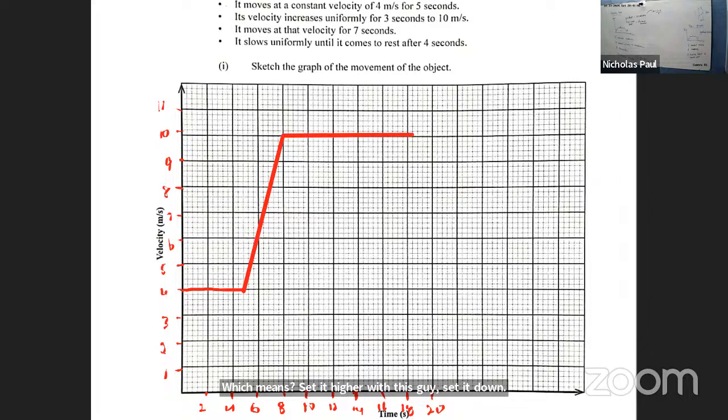For 7 seconds, that'll be what? 8 and 7 is 15, right? So I draw the horizontal line across to 15. Around there, in the middle, right?